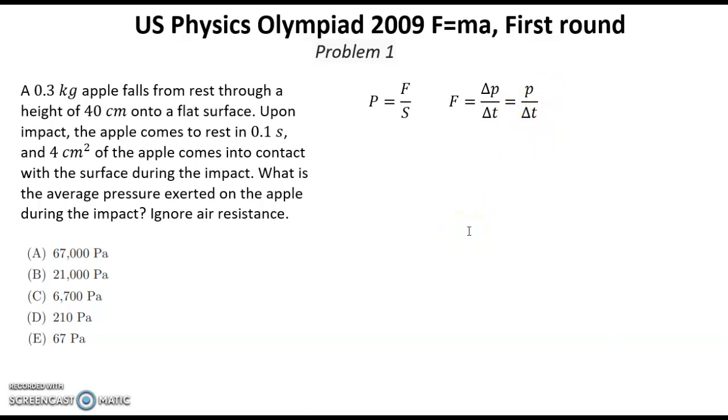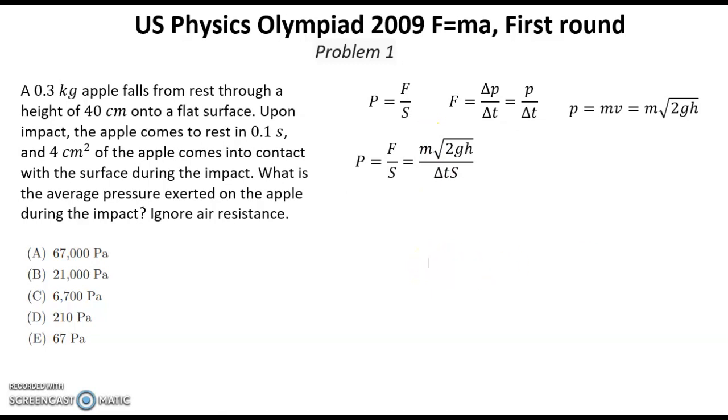Now, to find the momentum before impact, we can use the formula momentum equals mass multiplied by speed. And the speed we can find from the formula speed equals square root of 2gh. That's a simple energy conservation. So finally we have this formula for pressure.